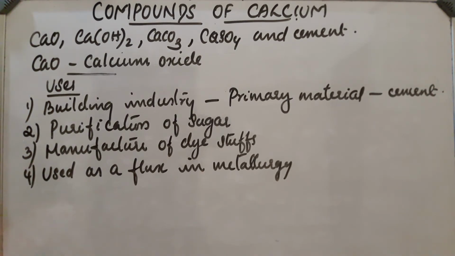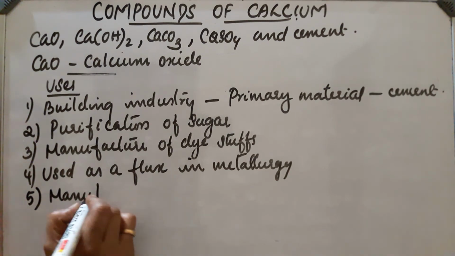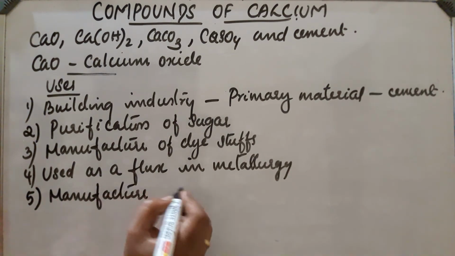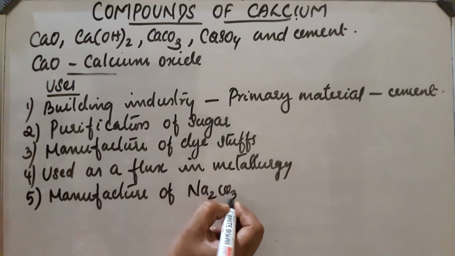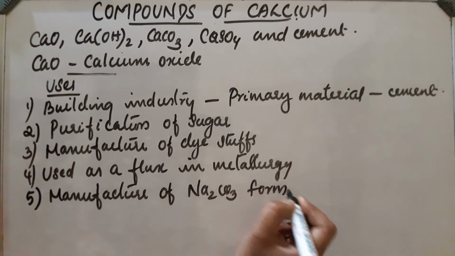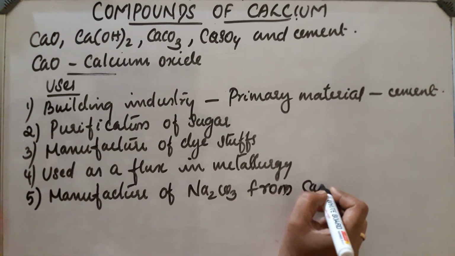Next, it is used for the manufacture of sodium carbonate from caustic soda, that is, sodium hydroxide.